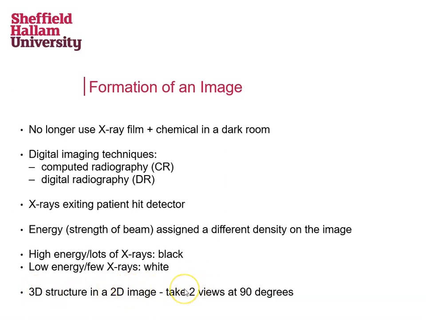So if you imagine taking an X-ray of someone's leg, at one angle it might hide a fracture, you turn it around by 90 degrees, you might see the fracture. So often multiple X-rays are taken at multiple different angles, and I'll briefly mention X-ray based computer tomography in a moment, where we take multiple X-rays from multiple angles to create a 3D image of the patient.